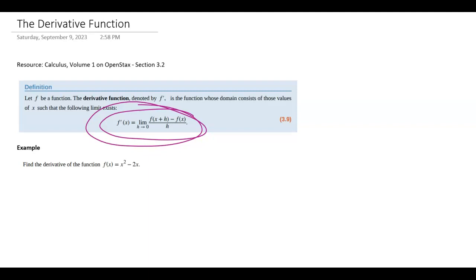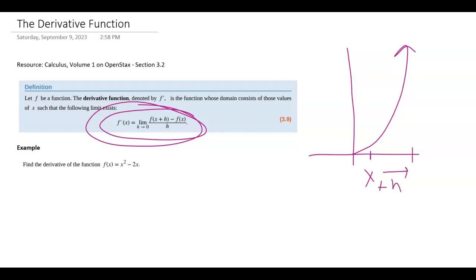For any arbitrary x value, maybe I'll just have an x squared graph here in that first quadrant. Arbitrary just means choose one. If I add an h to that, so here's the point x plus h, I can find the slope of the secant line between those two points.